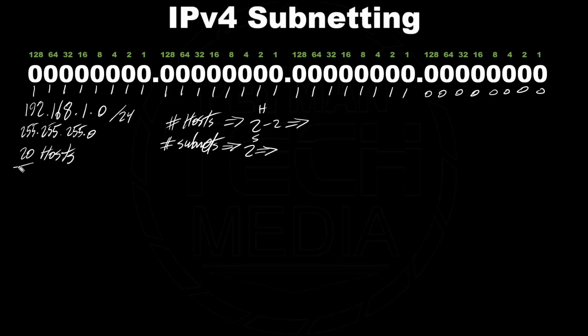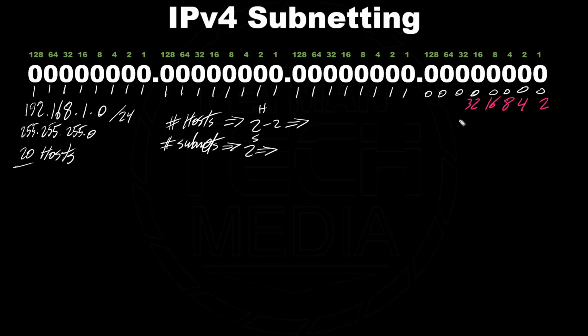So they said 20 hosts. One way to find out is to simply count at the bottom, going from right to left, starting with number 2. So 2, 4, 8, 16, 32, and again it's by block, block sizes 2, 4, 8, 16, 32.